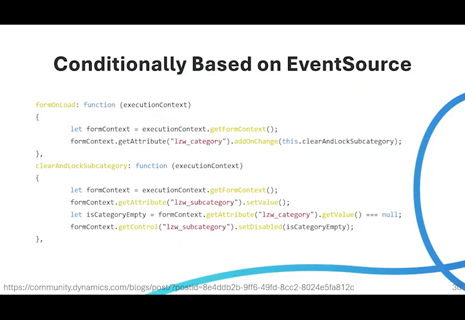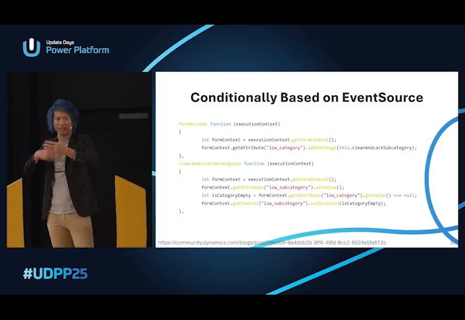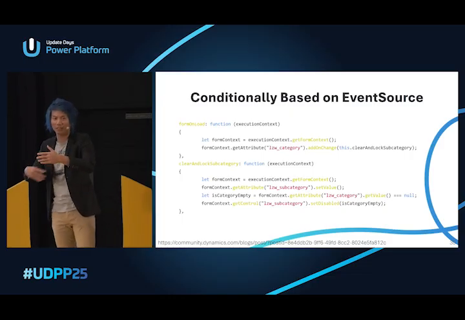And if you change it, just clear the subcategory, and if you set the category as empty, you just disable it. So that is a simple script, right? So we add to the on change of this category this clear and lock. Every time you change the category, you filter the subcategory because it's cascading, so you just want to wipe it out.